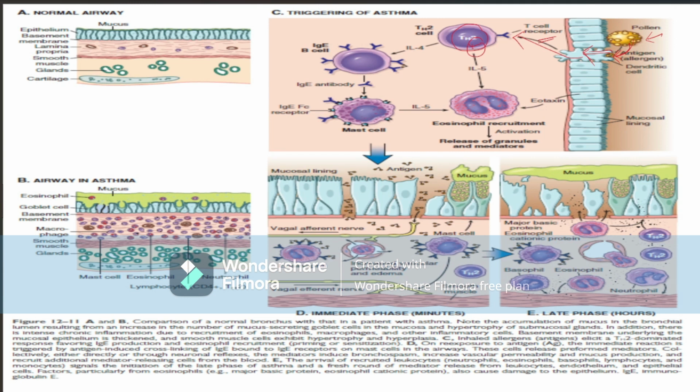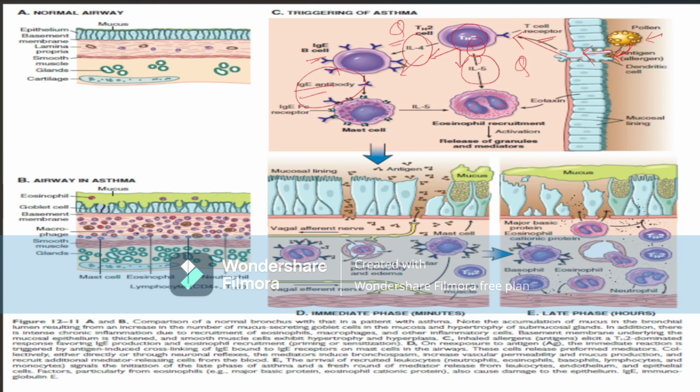These Th2 cells then release different mediators, that is interleukin 4 and interleukin 5. These all are MCQs. Interleukin 4 stimulates the B cell to produce more IgE antibody.